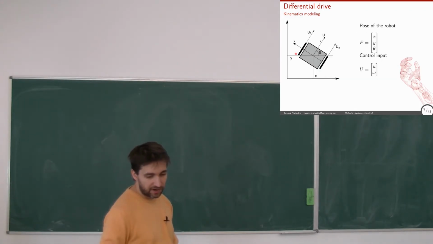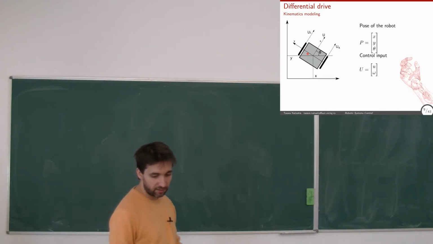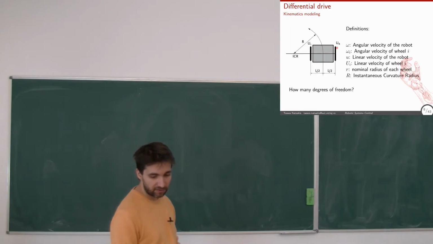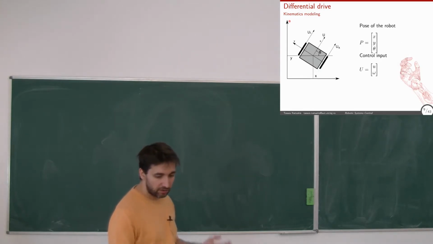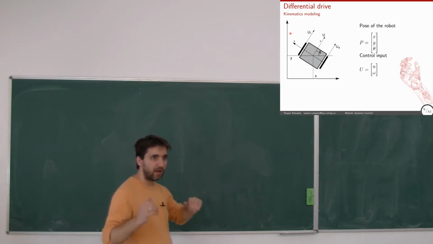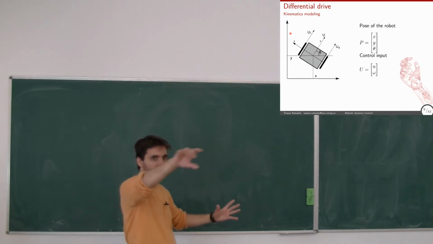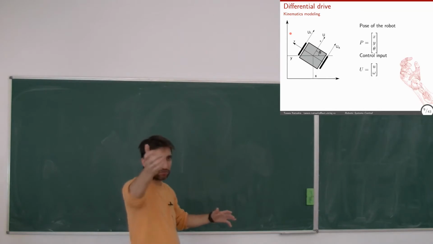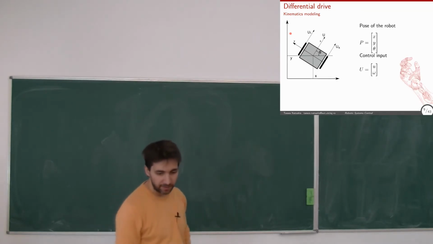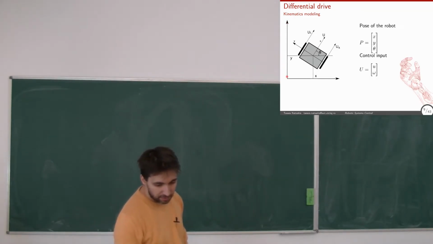Now, how do we describe the position and orientation of the robot? As I mentioned, we have the angular velocity and linear velocity of the robot, but this is in the frame of the robot. We need also a description in a global fixed frame. As we had for the drone and for the robotic arms, we always had a fixed frame in which the end effector or the drone was referenced, right? So here it's a bit simpler. Why?